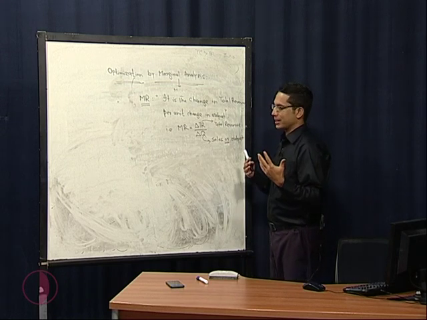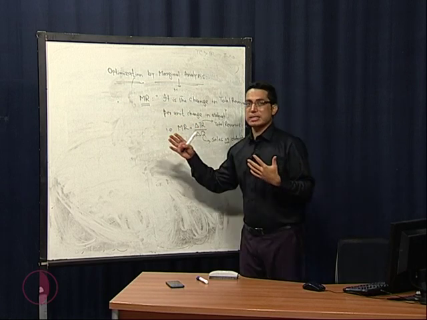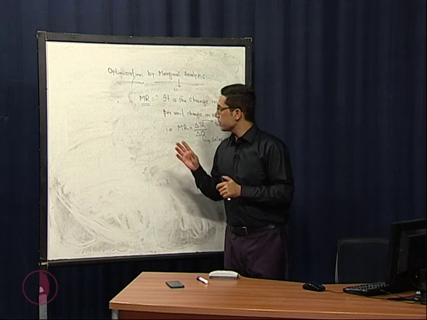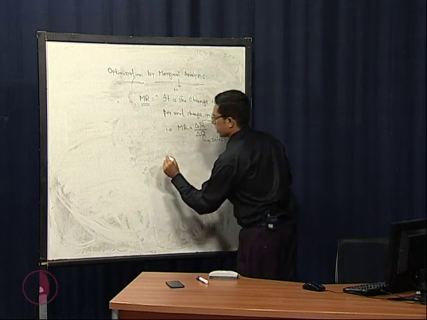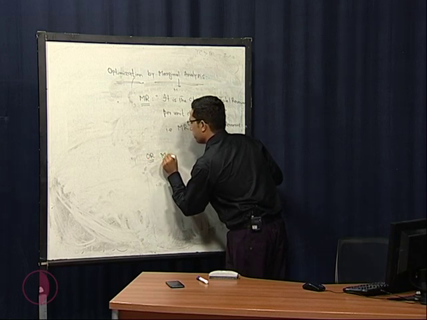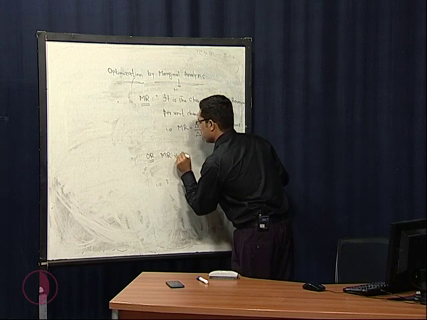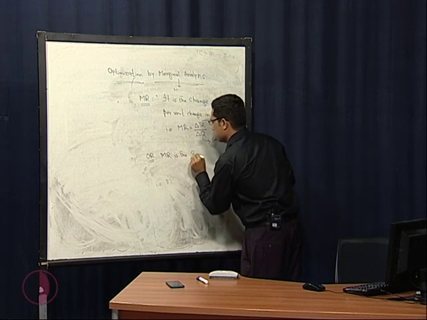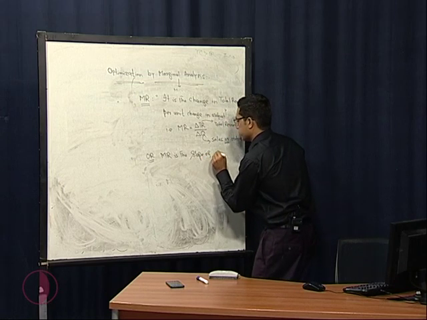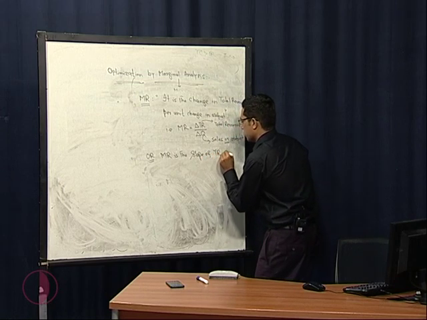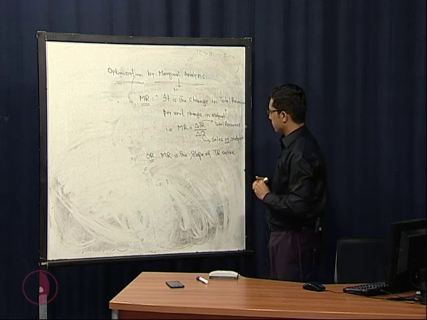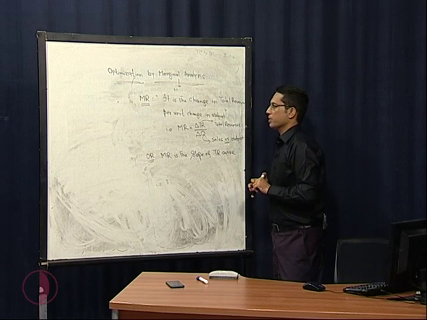We can also say that marginal revenue is the slope of the total revenue curve. Marginal revenue is the slope of the total revenue curve.